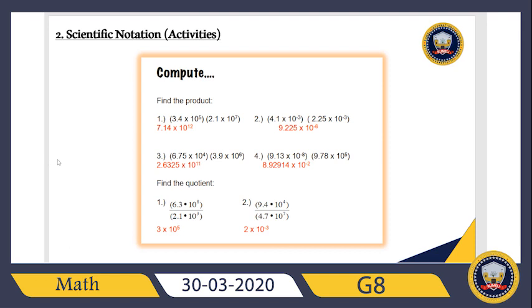So 3.4 times 10 to the power of 5 multiplied by 2.1 times 10 to the power of 7. So we said in multiplication, we multiply the numbers all together and we multiply the powers of 10 all together. So what we have done here, 3.4 times 2.1, which is 7.14.